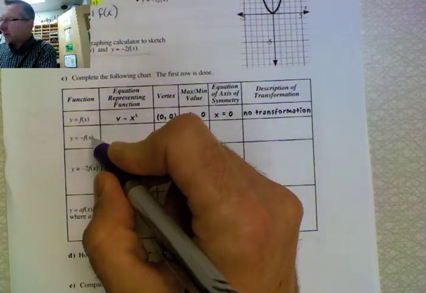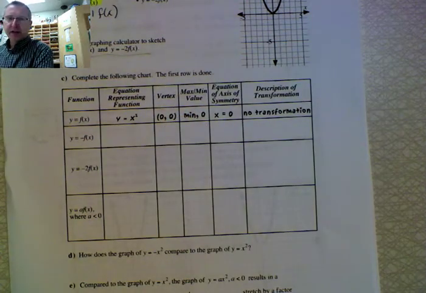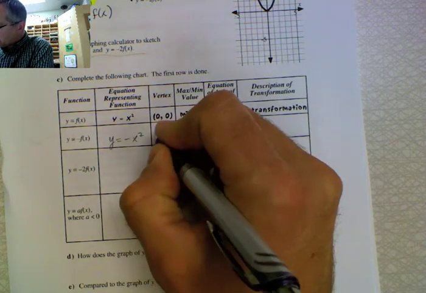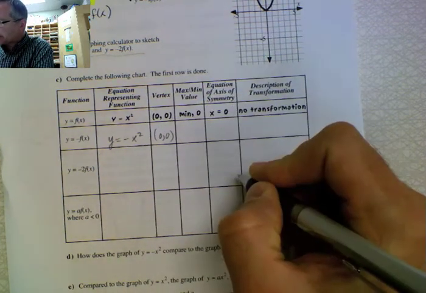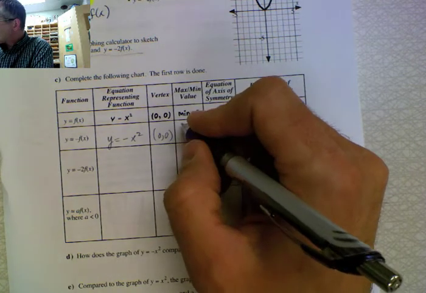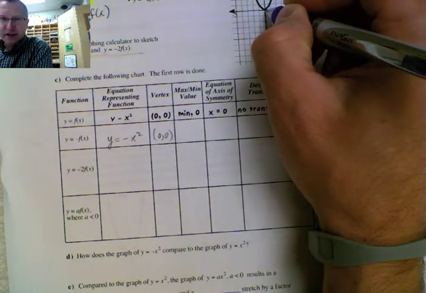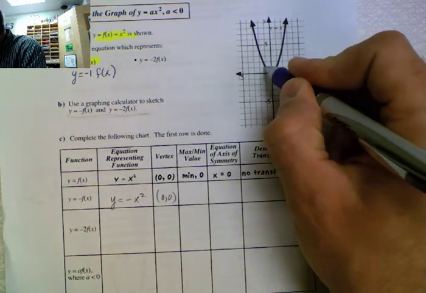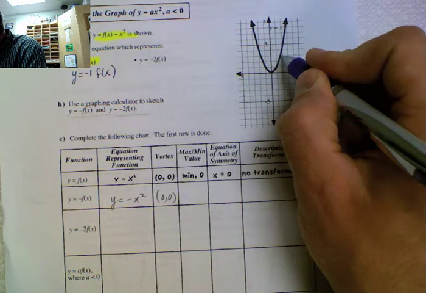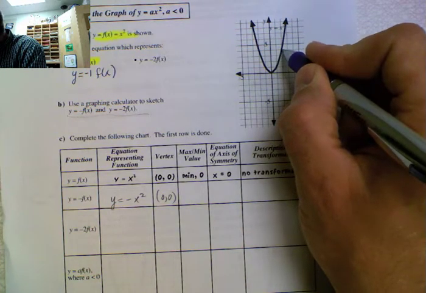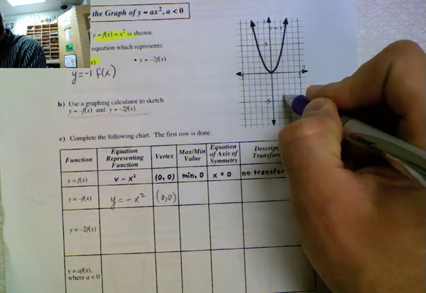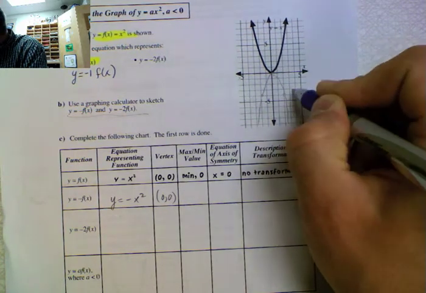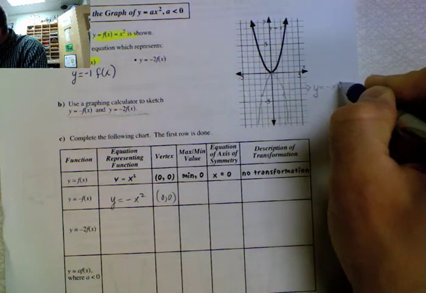The graph of y equals -f of x actually represents the equation y equals -x squared. It still has a vertex at 0, 0. If we pick the points at 2 and -4 and -2 and 4, here's our graph of y equals -x squared.